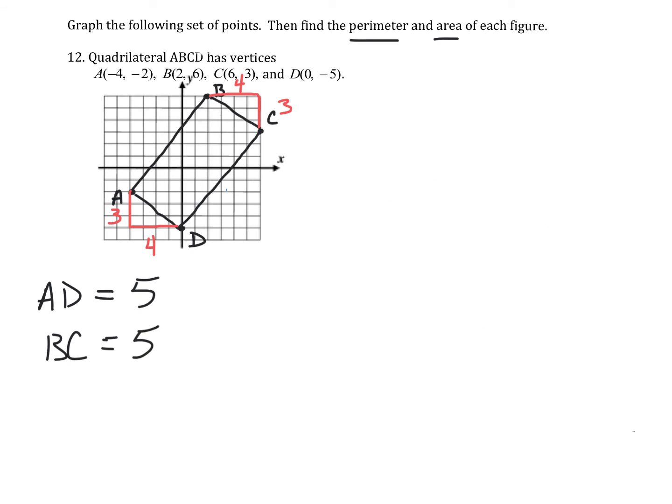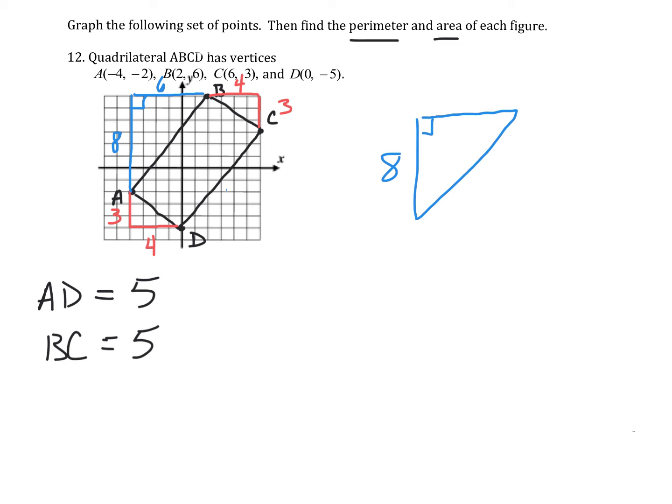Now let's see if we can find our other two lengths. So I'll move on to AB. So I'll go all the way up until I get to where B is, and all the way right until I get to that point. And it looks like I went up 8 units and right 6 units. So we can sketch out our right triangle on the side.